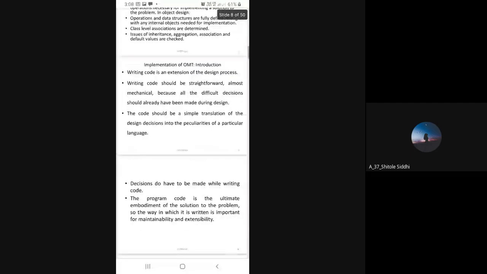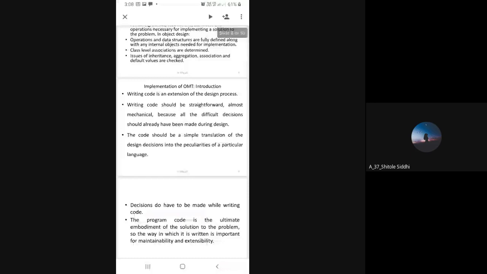So writing code is an extension of the designing process, meaning whatever is in the design part, we will convert as it is into the coding part. Next, writing code should be a straightforward, almost mechanical process, because all the difficult decisions should already have been made during the designing.